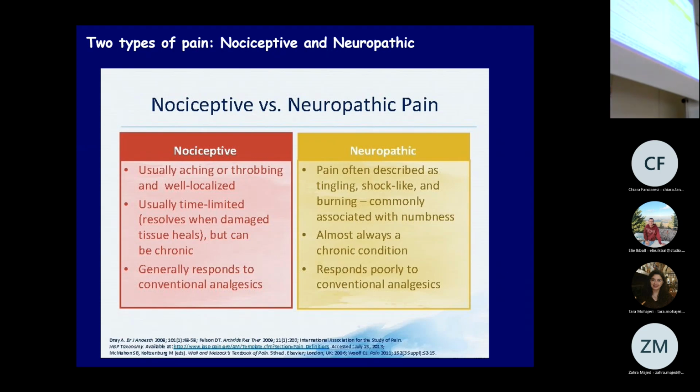Neuropathic, this is a serious problem. This pain is associated with numbness, always a chronic condition, but overall it responds poorly to conventional analgesics. This is the problem. Neuropathic pain is difficult to treat.